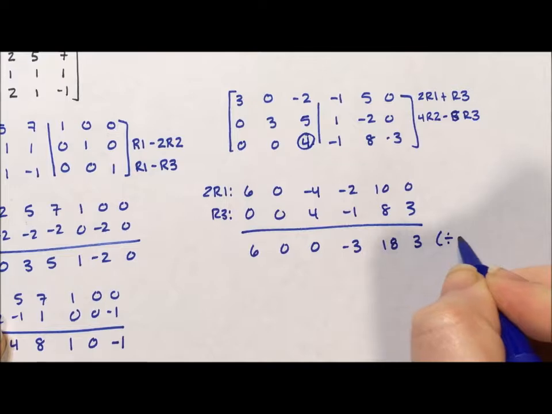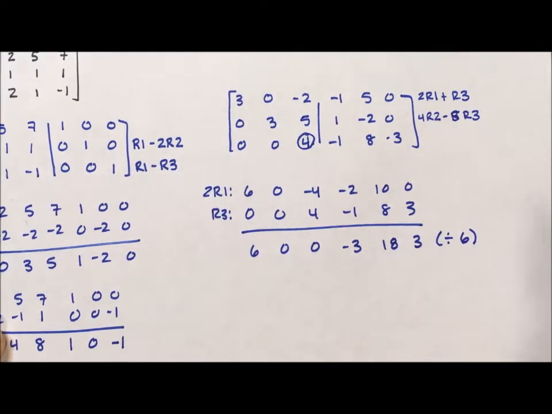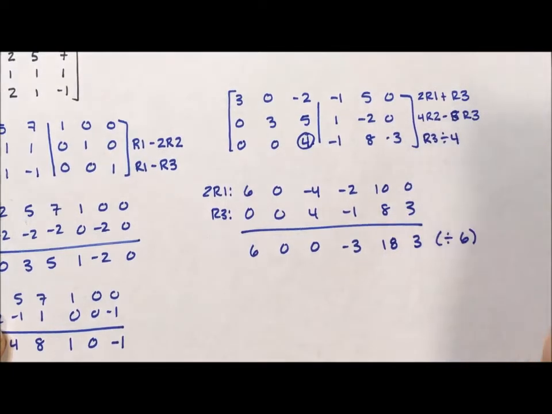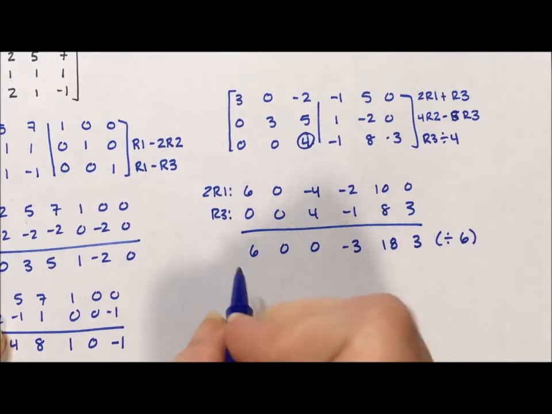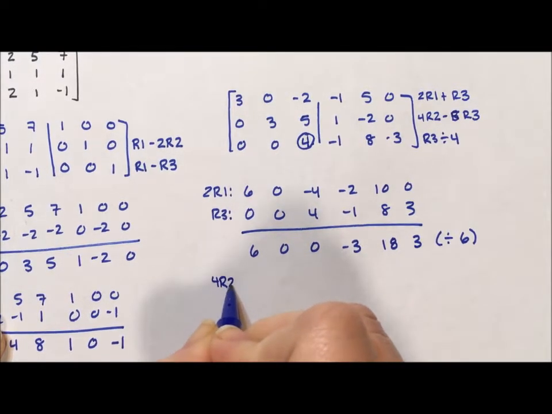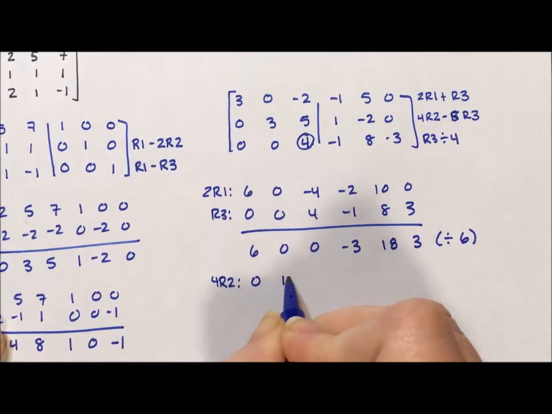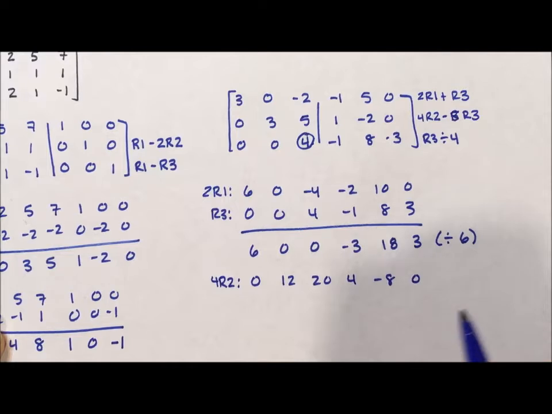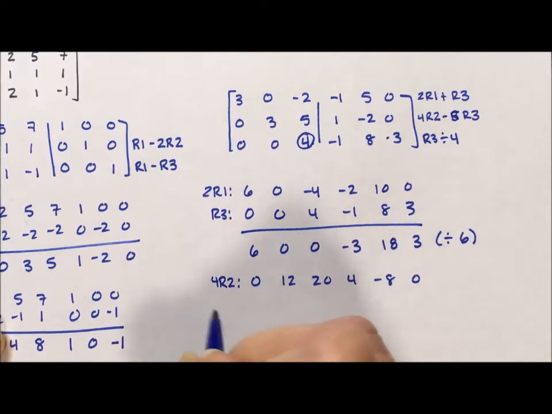I am now going to divide through by 6 because I do know that I'm at the last step. I'm also going to say that row 3 should be divided by 4 because in my last step I am building out my identity matrix. Okay, so now I have 4 times row 2, which is 0, 12, 20, 4, negative 8, 0, and negative 5 times row 3.